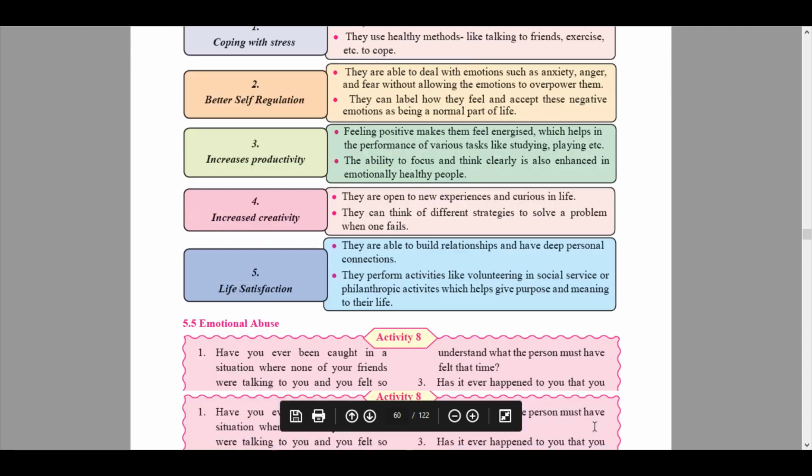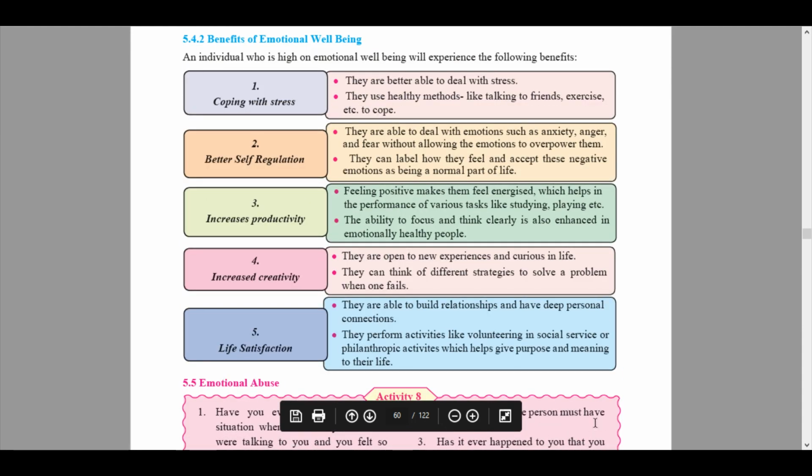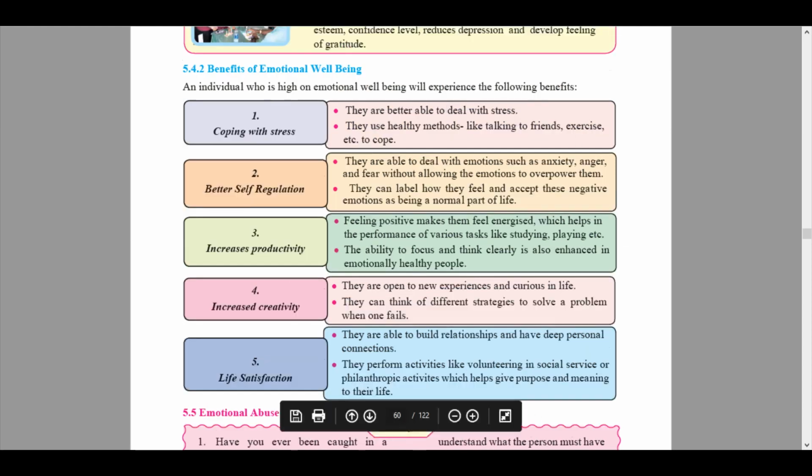So we have 5 benefits that we'll be achieving if we have emotional well-being. The first one here is coping with stress. Second is better self-regulation. Third is increased productivity. Fourth, increased creativity. Fifth, life satisfaction. So these are the 5 mantras to emotional well-being.